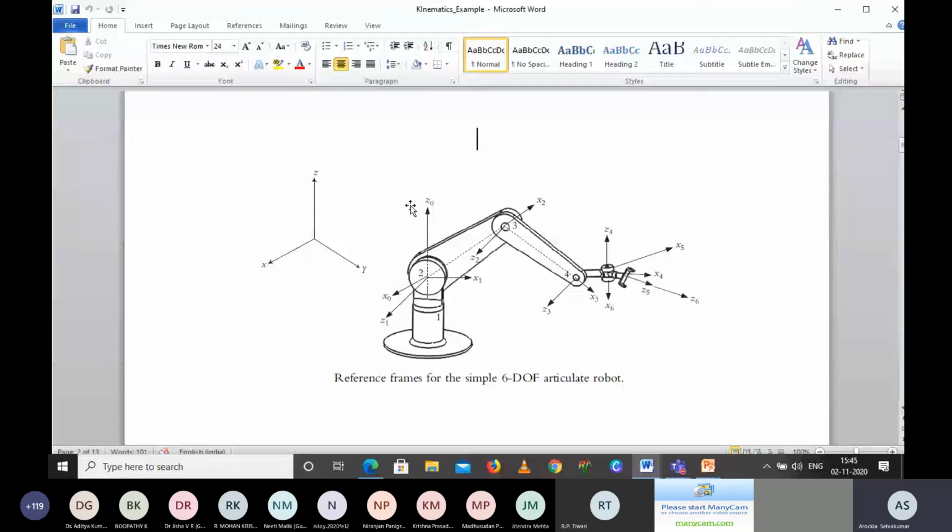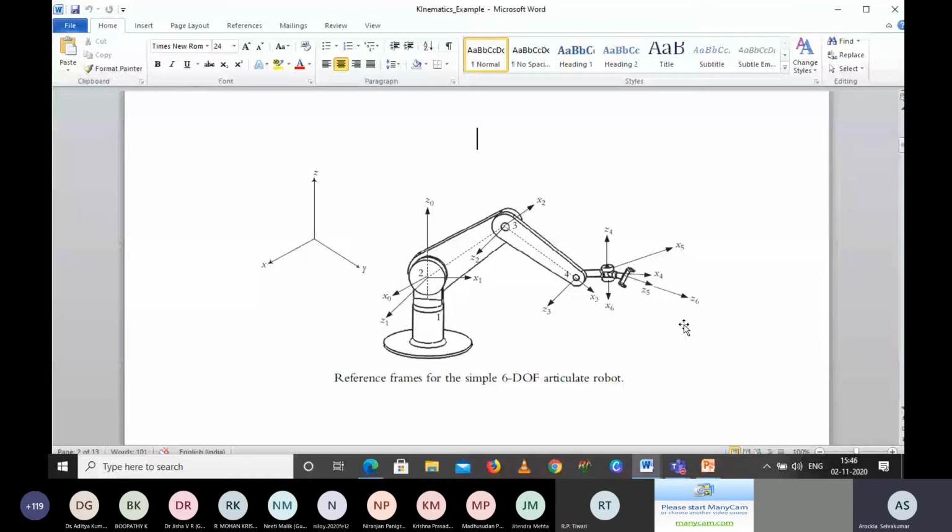The first one is rotating about the Z0 axis, the second about the Z1 axis, the third about the Z2 axis, and Z3 axis is also rotating. And 4, 5, 6 are related to your wrist axes. Each one has axes marked according to the rotational axis, Z4, Z5 and Z6. So this is the way we have to mark the axes.